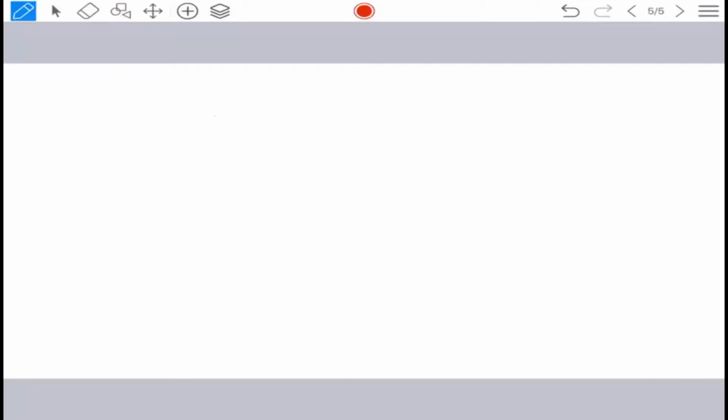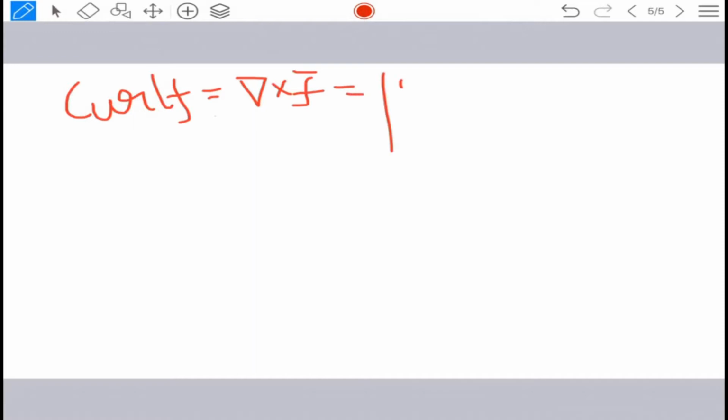Next is curl f. What is meant by curl f? The formula for curl f is del cross f bar, which we know as a cross b.